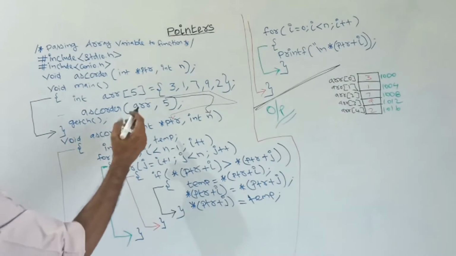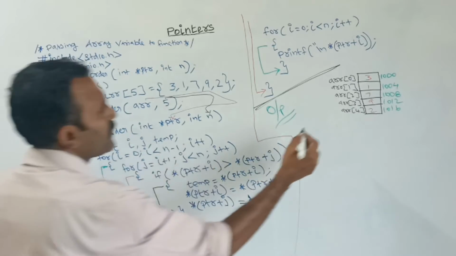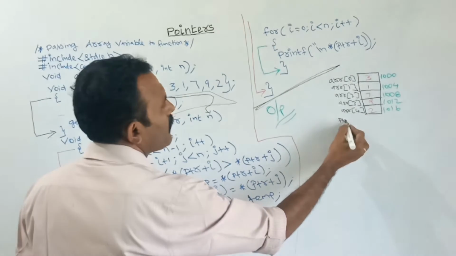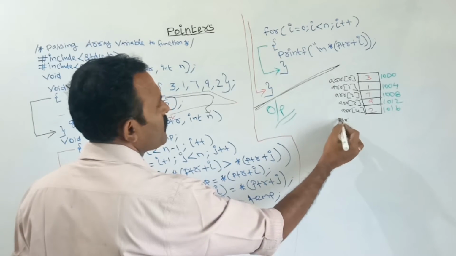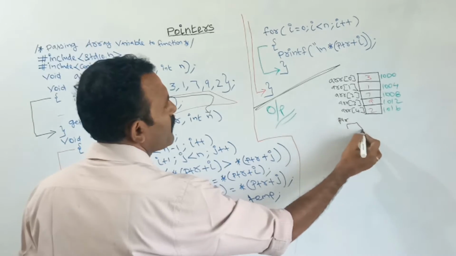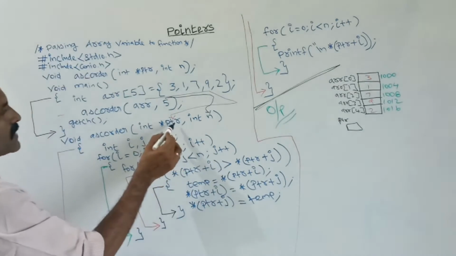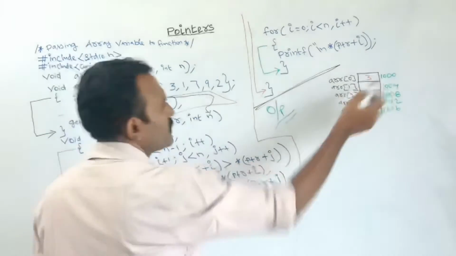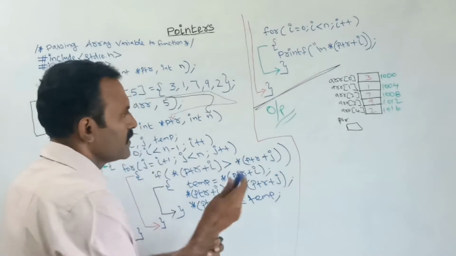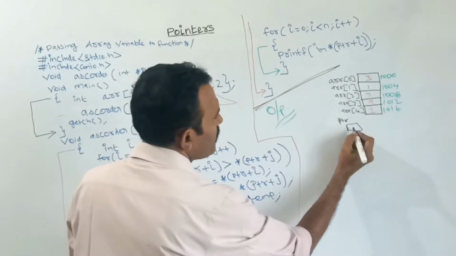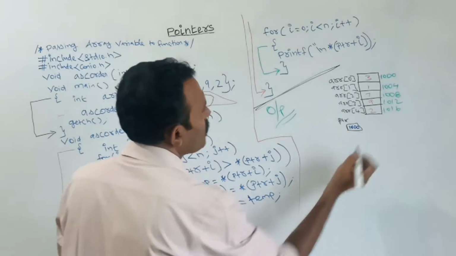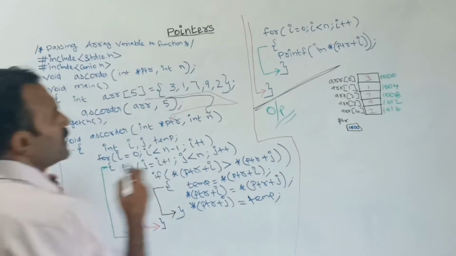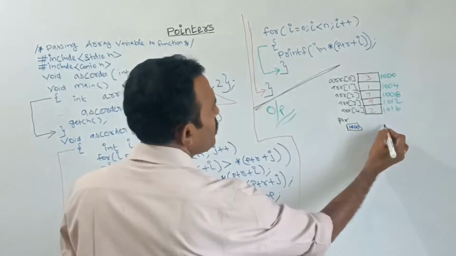Very first, this ptr variable in the function definition stores the base address. What is the base address? 1000. So 1000 is stored in the ptr variable. Next n. What is the n value? 5.